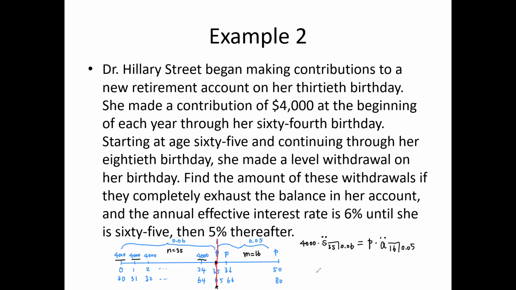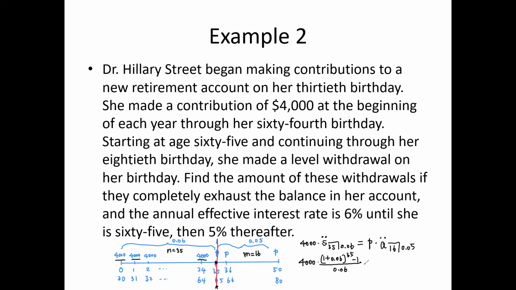And now we can solve for P. It's a little bit complicated, so let's plug in the formula. So 4,000 times (1 plus 0.06)^35 minus 1, over 0.06.